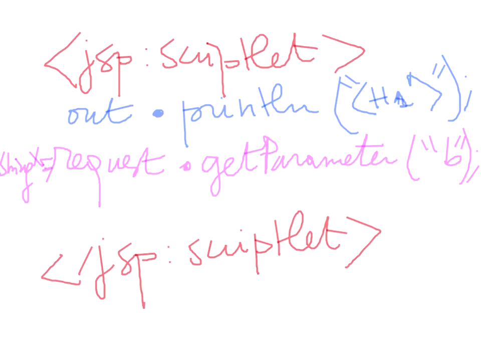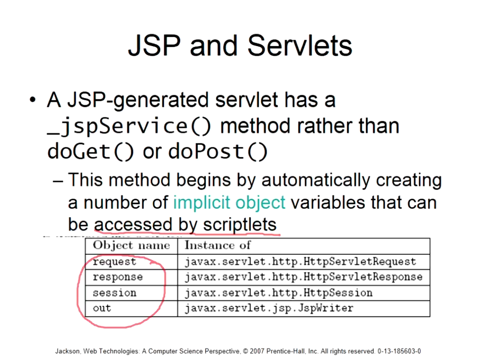So out is a predefined object, and request is also a predefined object. I can use all these objects, request, response, session, out, directly in scriptlets. Is it clear?